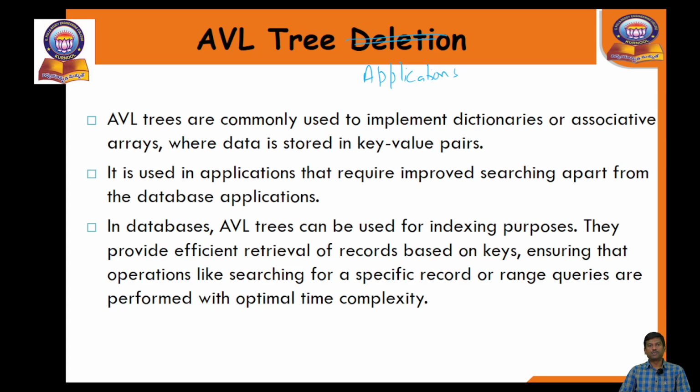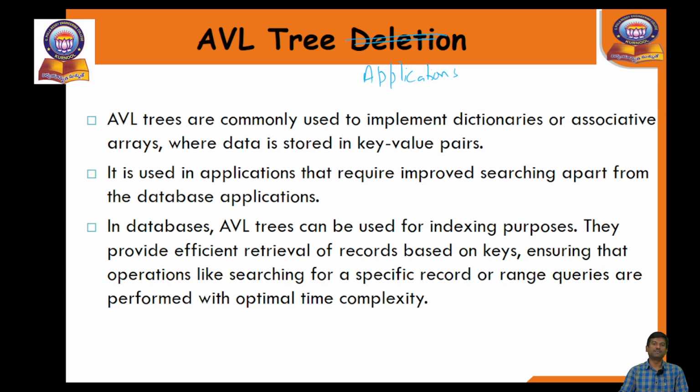When concerned about insertion, whenever you add a new node to the existing AVL tree, check whether all the nodes satisfy the balance factor property, that is, the allowable values are -1, 0, 1. If it satisfies, then it is an AVL tree. And if due to inserting the new node the tree is unbalanced, then you have to do the rotations.